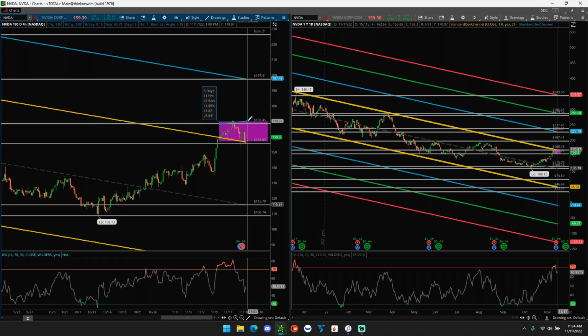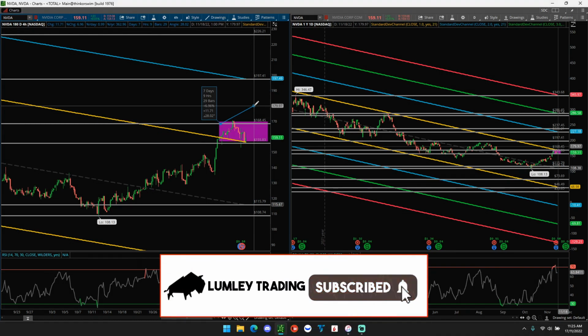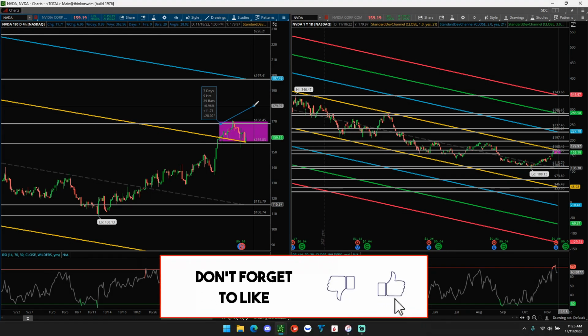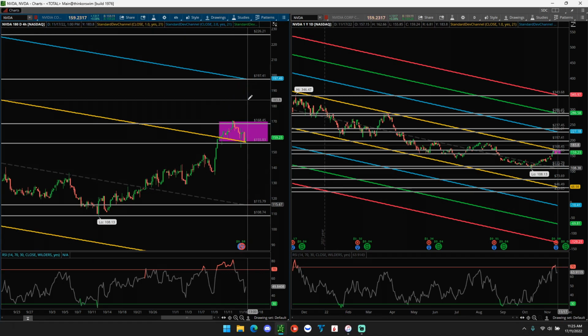If you're getting in around 170, you're going to want to lock in some profits coming into 180, because it would be stupid to be up 8% on a trade and then have it turn into a loser if it were to reverse. So move stops, but lock in profits along the way. It doesn't mean you hold it all for that key target. Lock in maybe a third at 180, a third at 190, and the final third at 197.